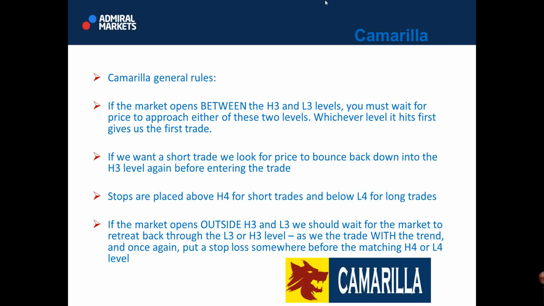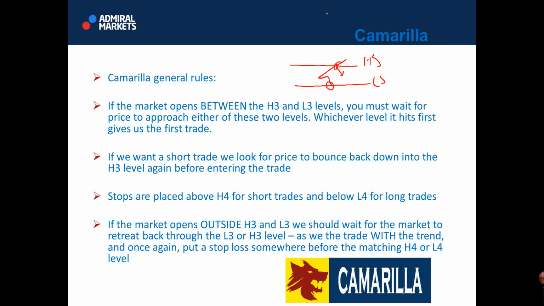Now I'm talking about Camarilla pivot points. General rules. If market opens between H3 and L3, usually you need to wait for the price to approach either of these levels. Usually if this is H3 and this is L3, and price opens up below H3 and above L3, the first touch of this level will usually give you a scalp trade.